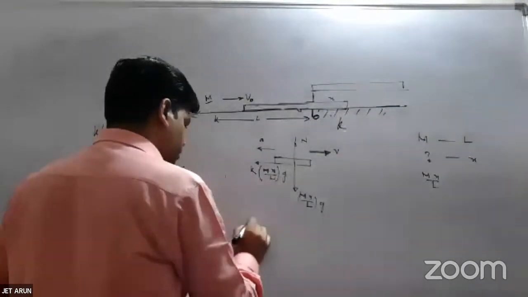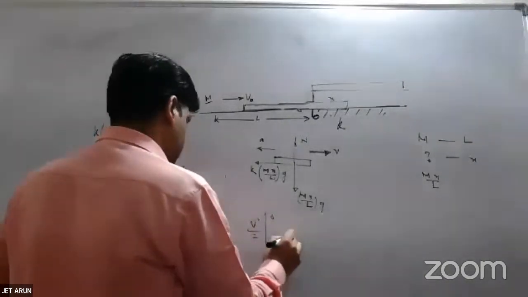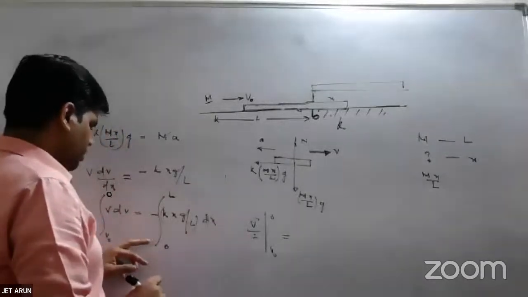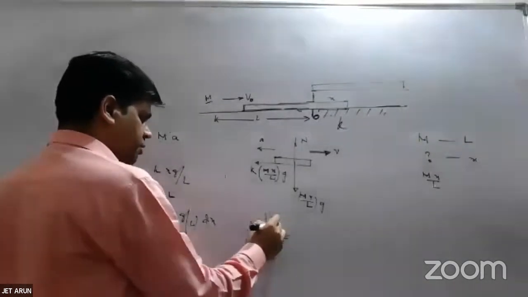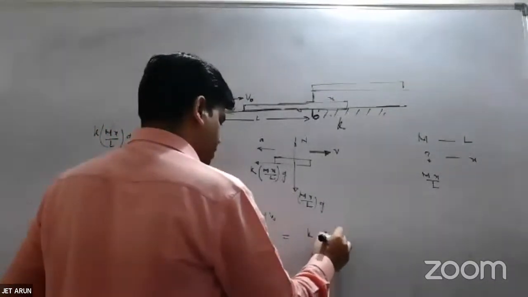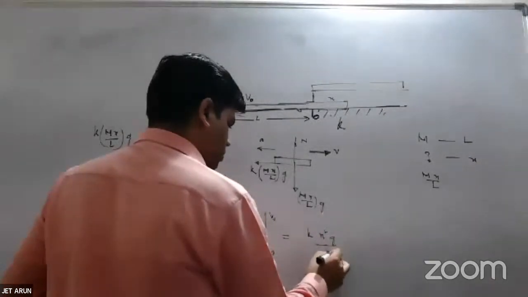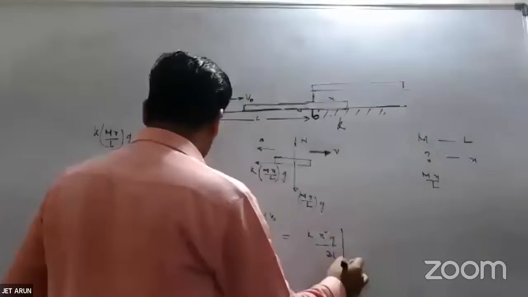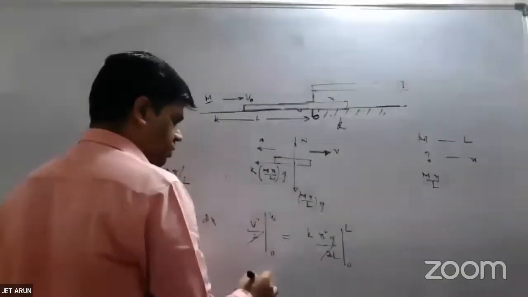v square by 2 under limits v0 to 0. I remove this negative sign and I invert the limits here. I make it 0 to v0 is equal to mu x square g by 2L under limits 0 to L. 2 gets cancelled out.